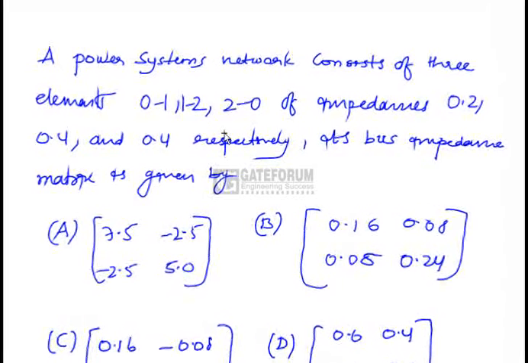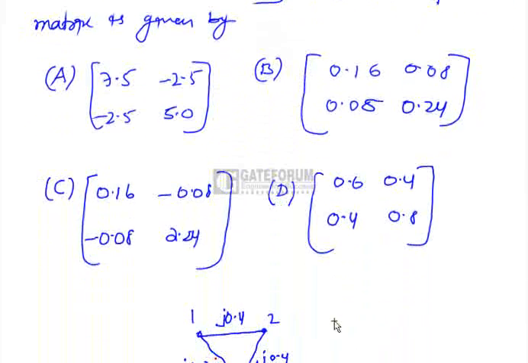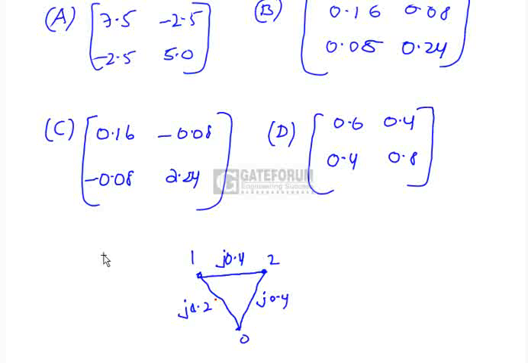A power system network consists of three elements. He has given three elements between three nodes 0, 1 and 2, with impedances of 0.2, 0.4 and 0.4 respectively, and he is asking to find the bus impedance matrix. To find it, first locate the impedances between nodes.